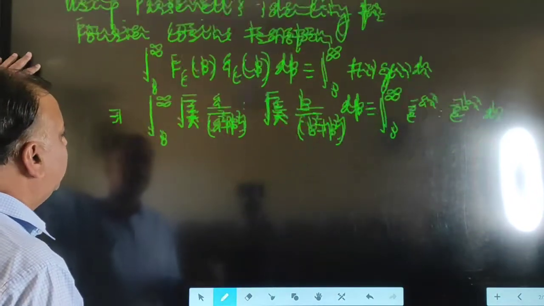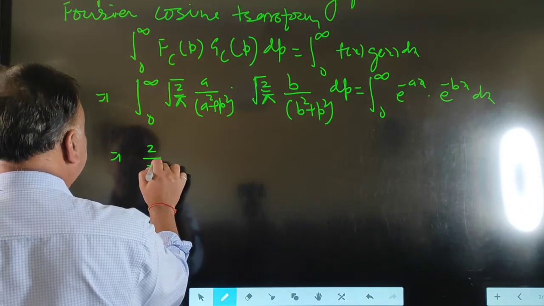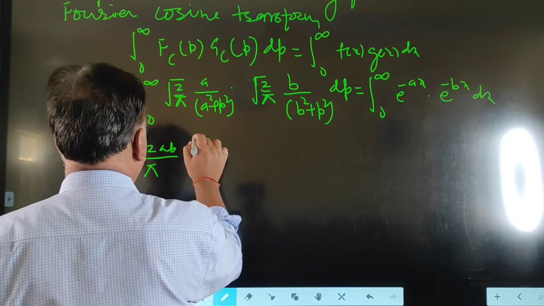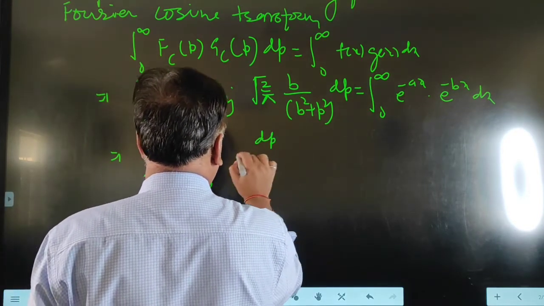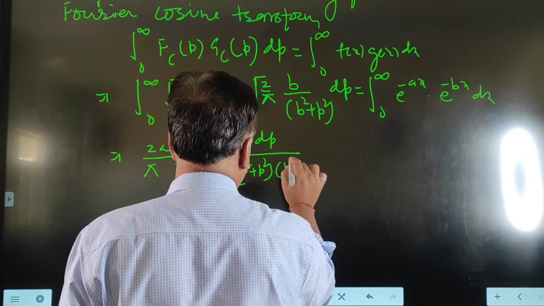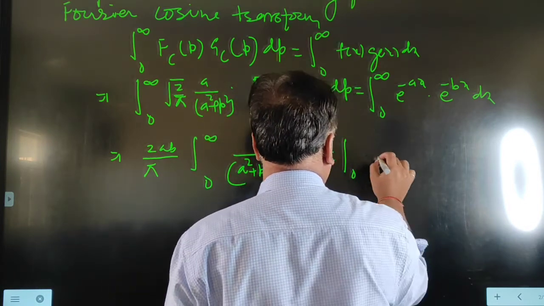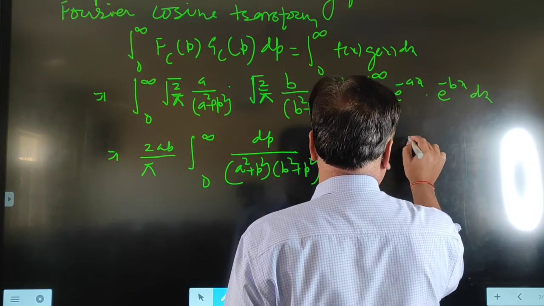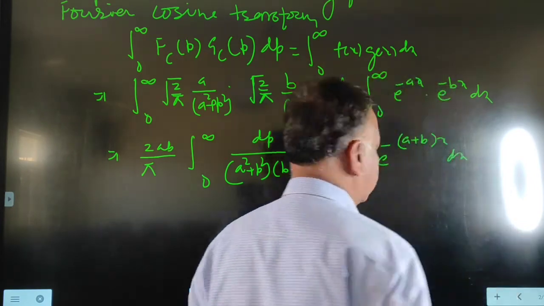Or by solving this, we get this can be written as 2ab upon pi, integral 0 to infinity dp upon a square plus p square into b square plus p square, is equal to integral 0 to infinity e raised to minus (a plus b) into x dx.